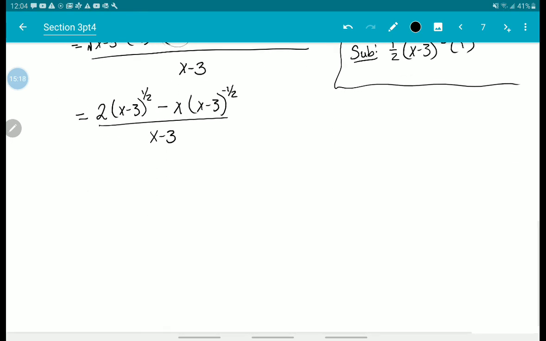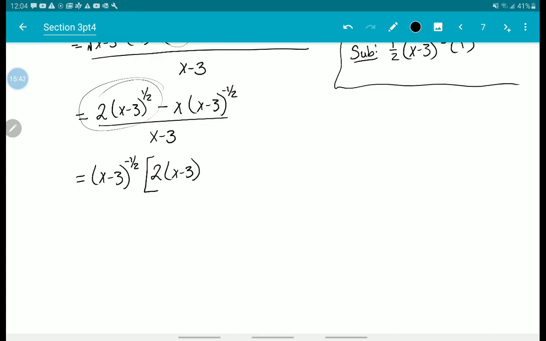So we're going to factor out the (x minus 3) to the negative 1/2. Notice every time we factored out, we always pulled out that smallest exponent on that group. And in this case, the smallest exponent is that negative 1/2. Now, let's think about what's left. If I pull that out of the first group, I'm going to be left with the 2 times (x minus 3).